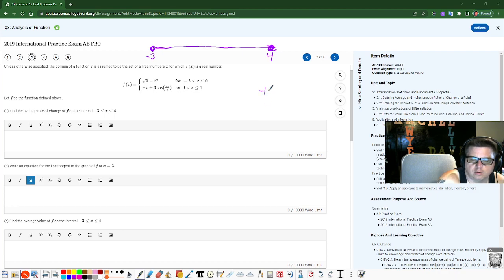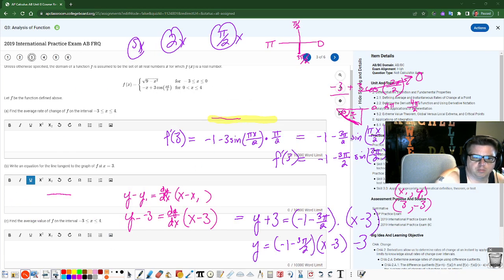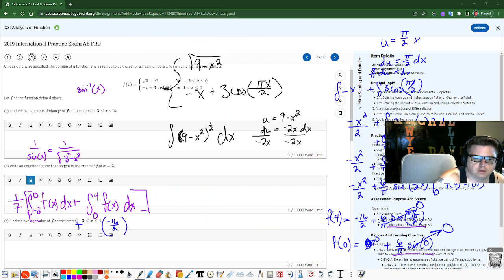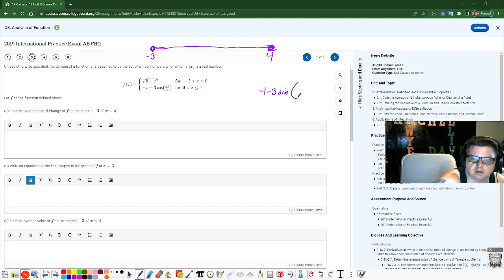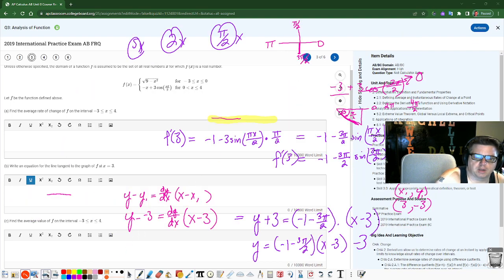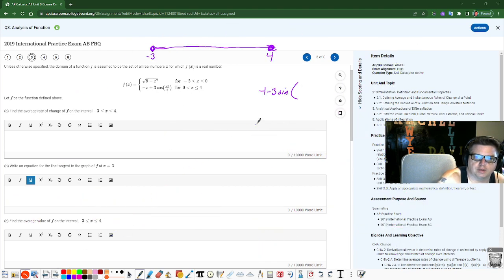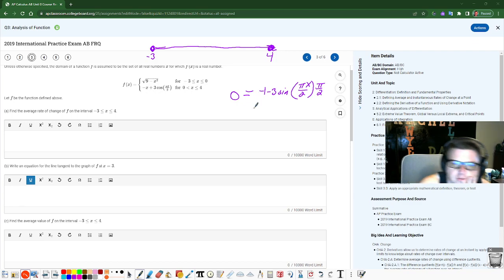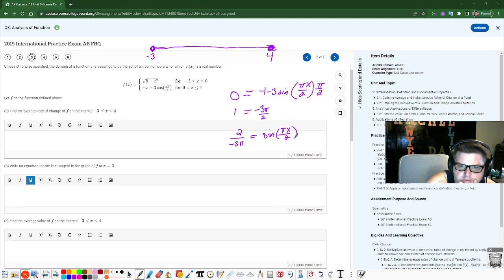So -1 minus 3 sine of, and that's what these open response questions do, they tend to use a lot of the previous problems' information. That's about pi over 2. Okay. Set this equal to 0 and then solve it. So pi over 2, so then that would be 2 over -3 pi equals the sine of pi x over 2.